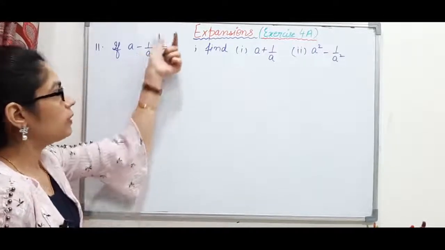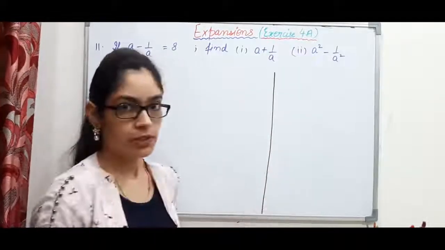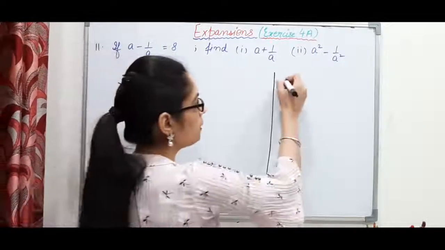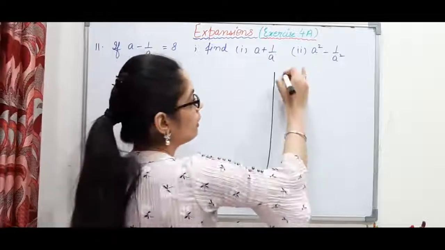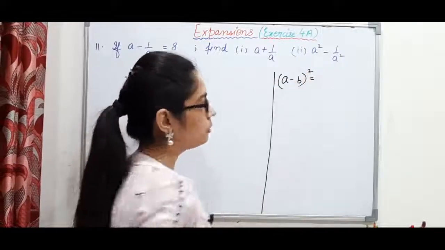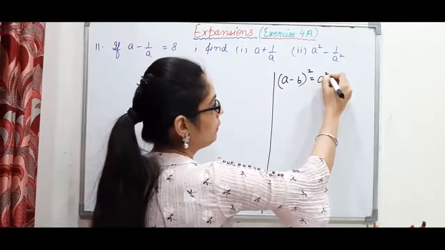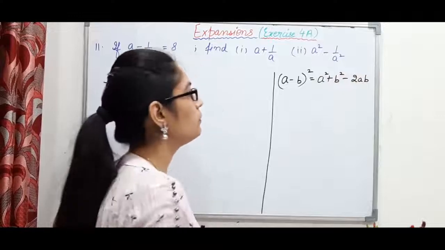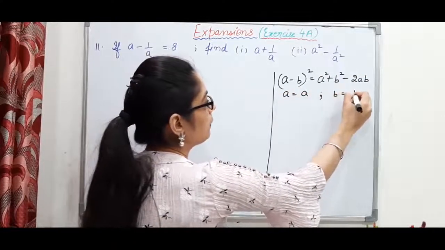If a minus 1 by a is given, that means the form which is given to us is a minus b. So a minus b means we have to do whole square of a minus b. So this identity we have to use here, a square plus b square minus 2 into a into b. A is a here and b is 1 by a.